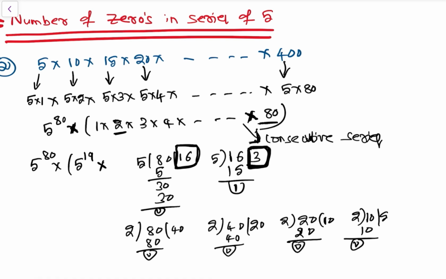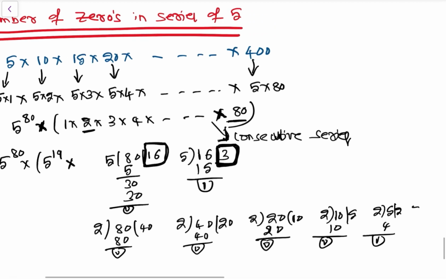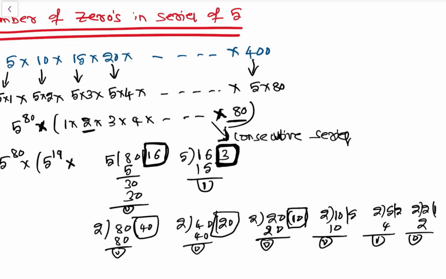Then 5 also we need to divide by 2, so 2 2s are 4, remainder is 1. So that is 2 2s and 0. So 40 plus 20 is 60, plus 10 is 70, plus 5 is 75, 76, 77, plus 1, that is 78.